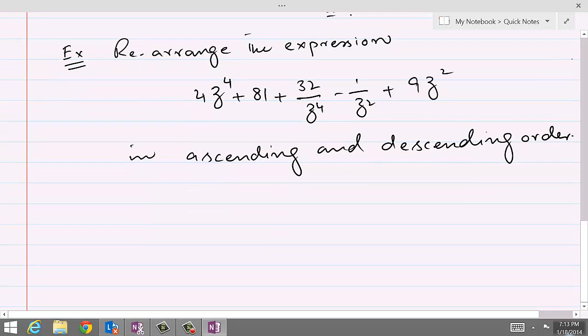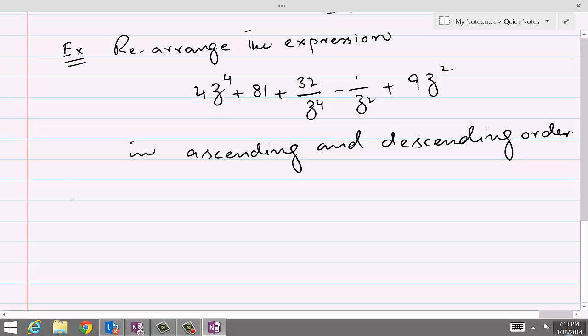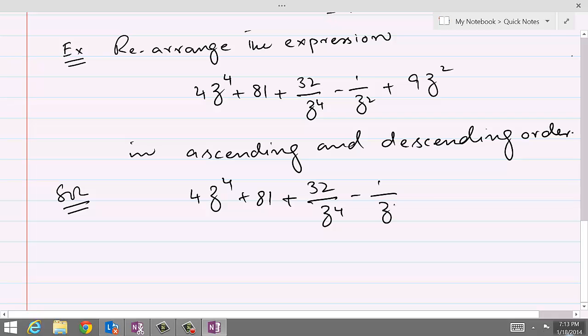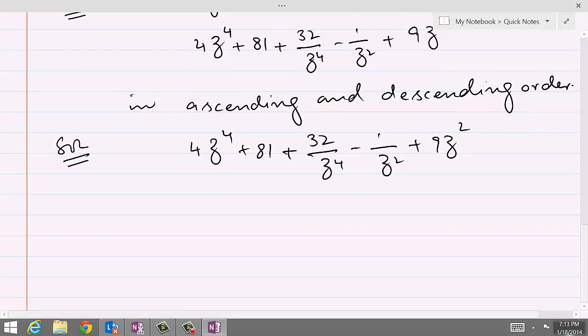So let's again rewrite the expression: z4 plus 81 plus 32 over z4 minus 1 over z square plus 9z square. What is the degree of this term here?